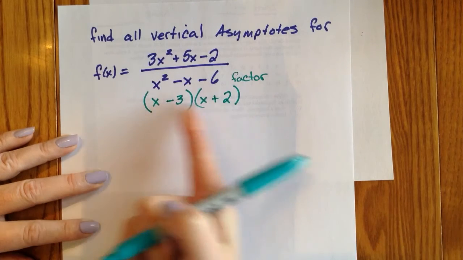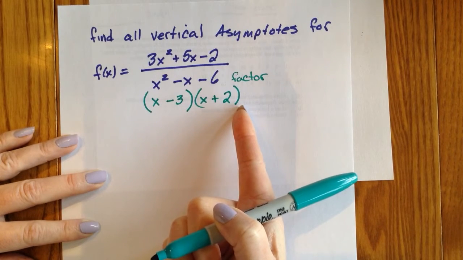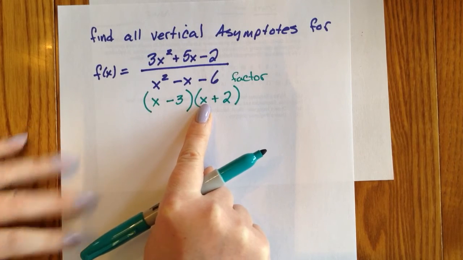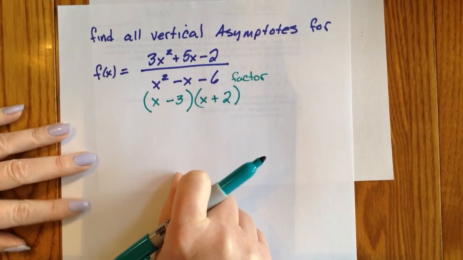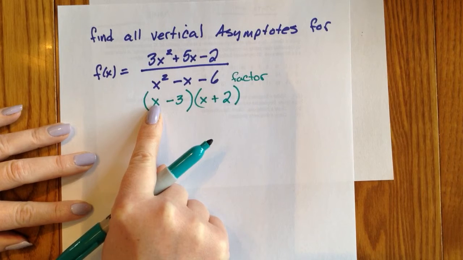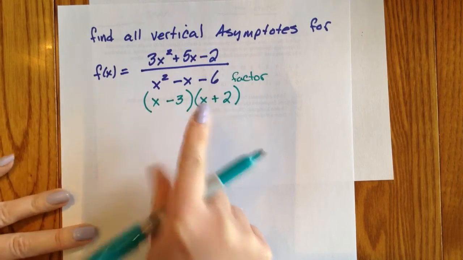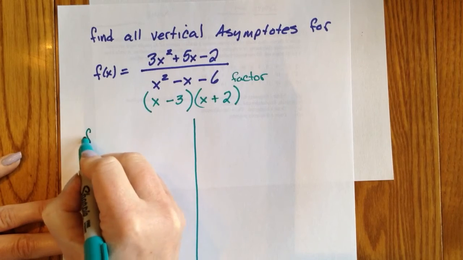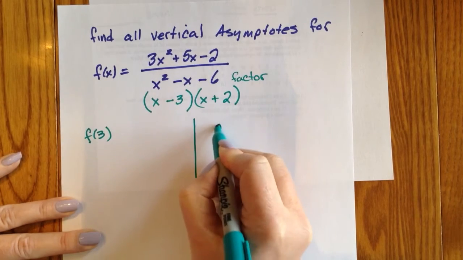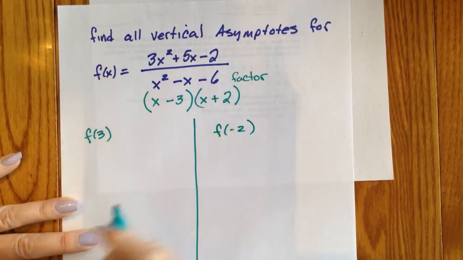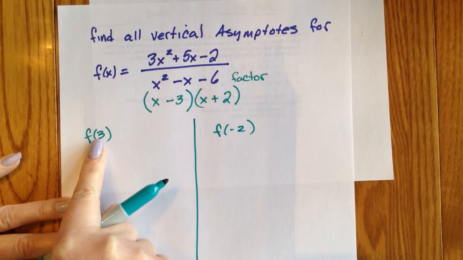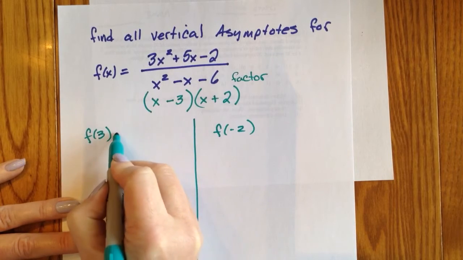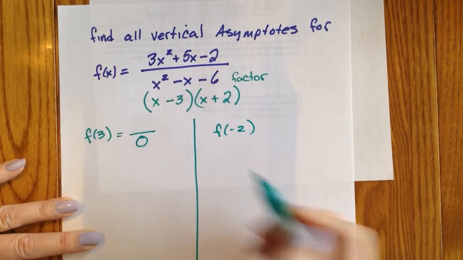So when I look at the denominator in factored form, it's pretty clear to me that there are 2 values that cause the denominator to equal 0: 3 and -2. So we're going to look at these separately. All right, when I fill 3 into the denominator, it does cause the denominator to be 0.